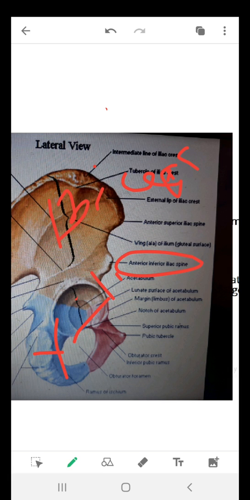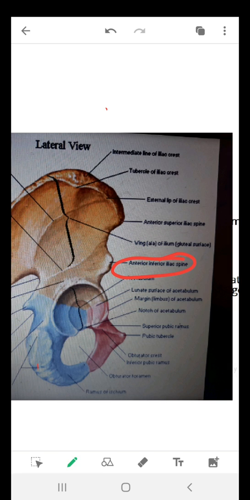Let me clean this up so that I'll write it better. The Y ligament of Bigelow. As we progress towards the other phase of the lectures, we're going to come across what the Y ligament of Bigelow means. So I've told you the function of the anterior inferior iliac spine.